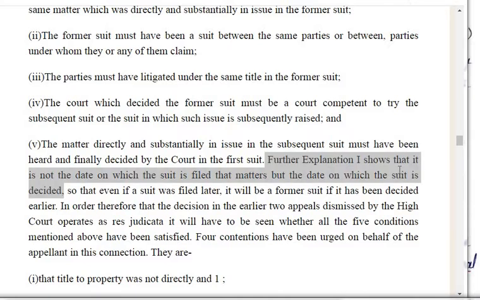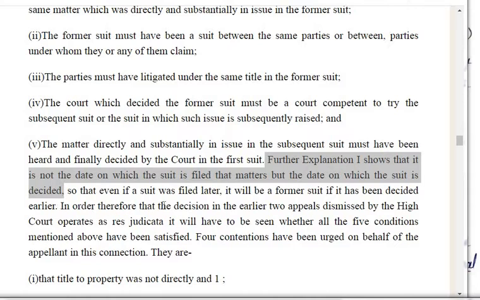Further explanation one shows that it is not the date on which the suit is filed that matter, but the date on which the suit is decided. So that even if a suit was filed later, it will be a former suit if it has been decided earlier. So that everyone knows. ये पहले भी पढ़ रखा है. तो जिसका decision पहले आया, that will be called a former suit.